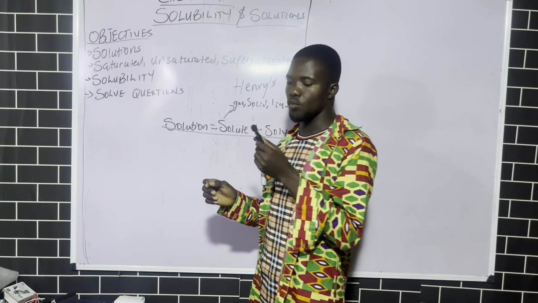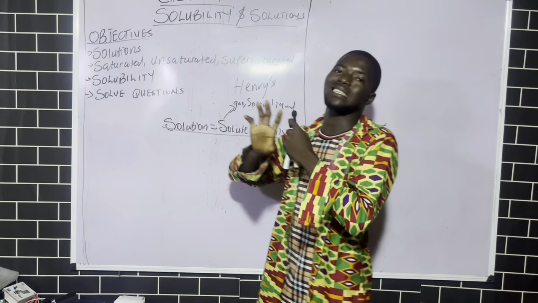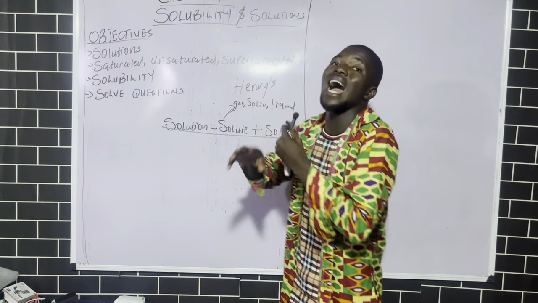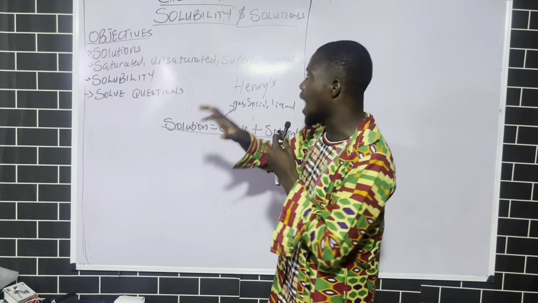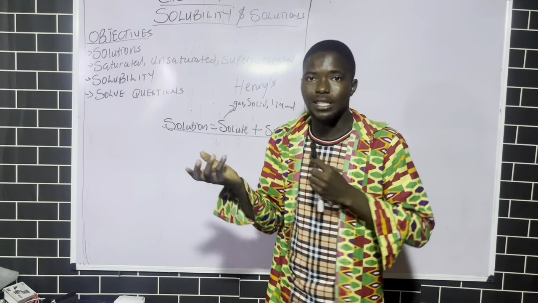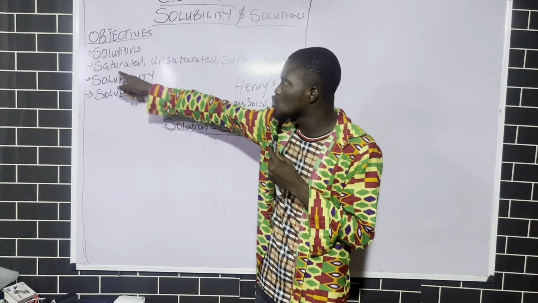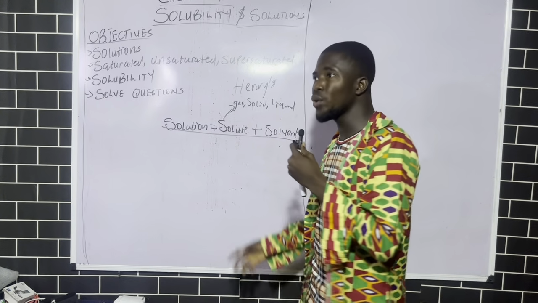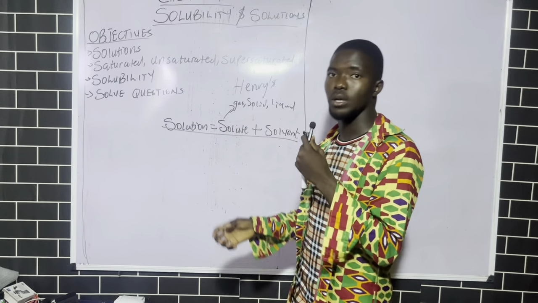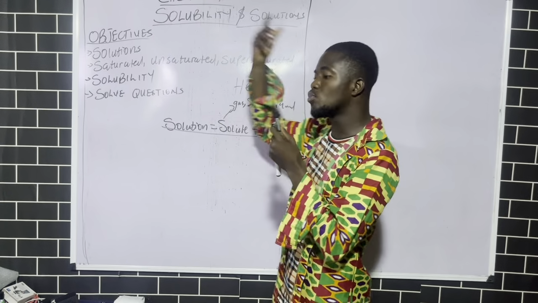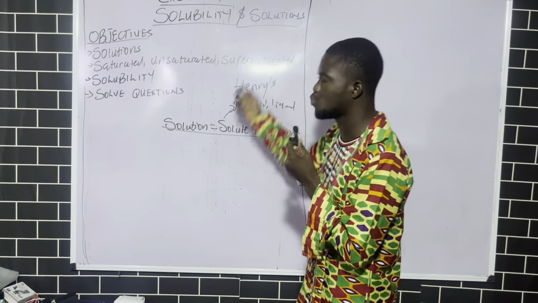But at a given temperature, a solution that cannot dissolve any more solute, having accommodated as much solute as it can receive at that temperature, sometimes in the presence of undissolved solute, is what we call saturated. The one that has exceeded its maximum, having accumulated more solute than its maximum, is what we call supersaturated.